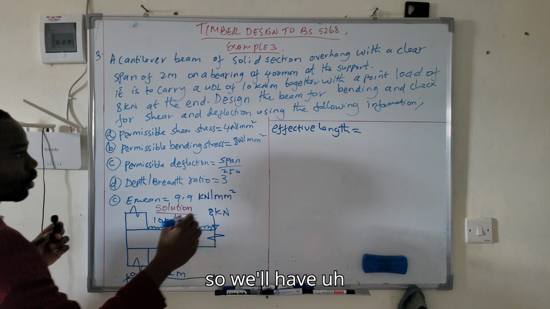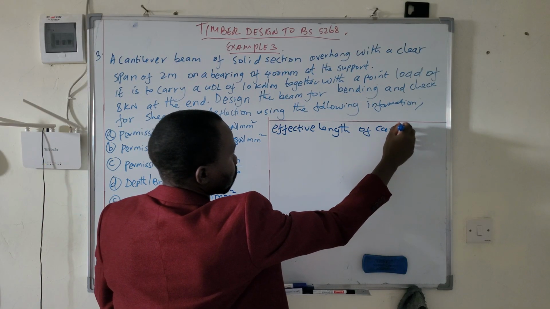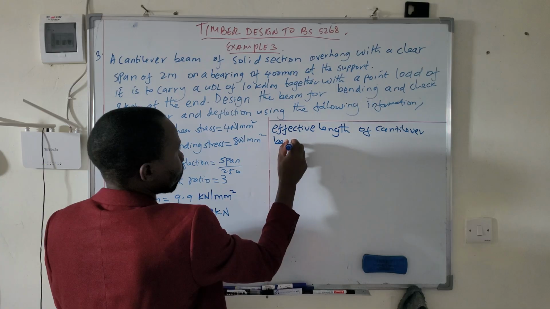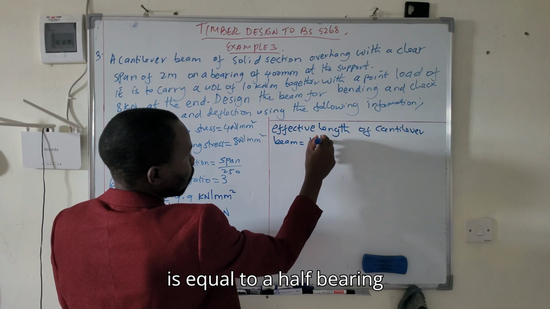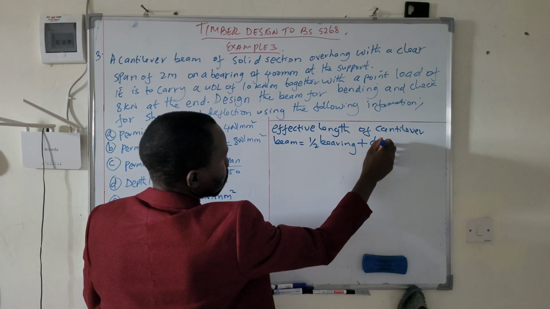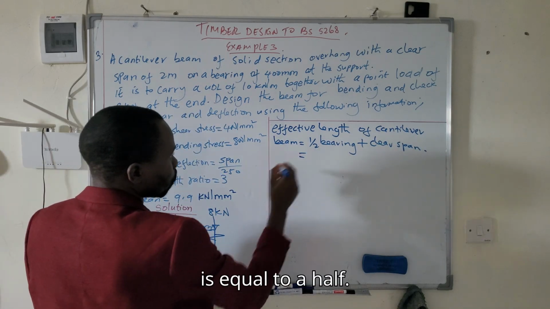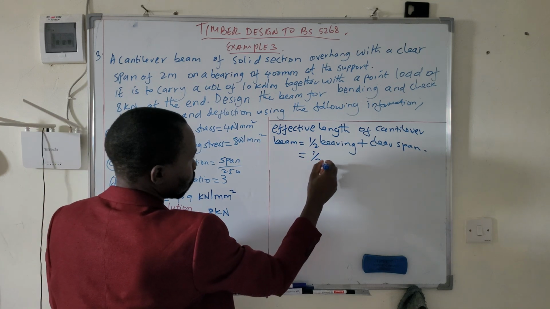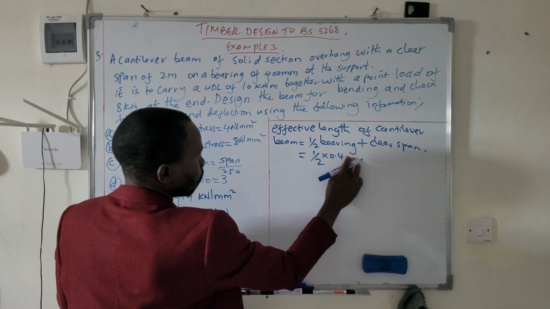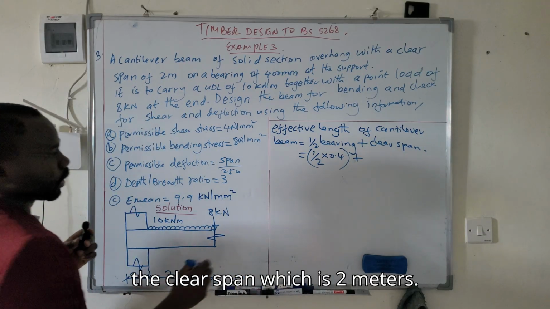So we will have the effective span of the cantilever beam is equal to a half bearing plus clear span. So it is equal to a half times the bearing, 0.4, times 0.4, plus the clear span, which is 2 meters.